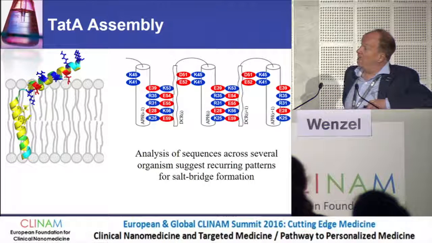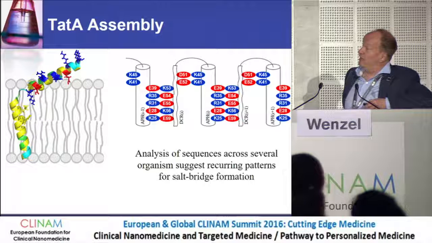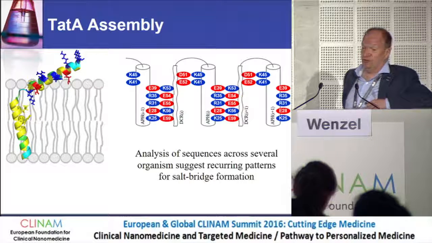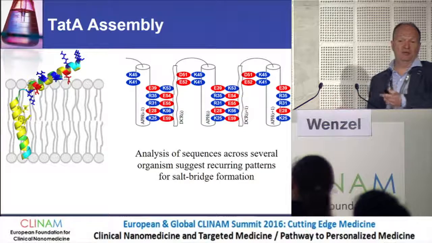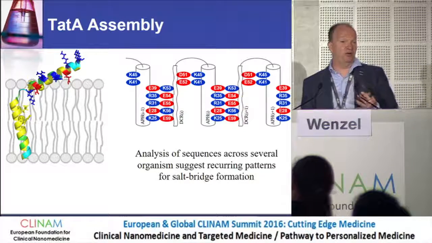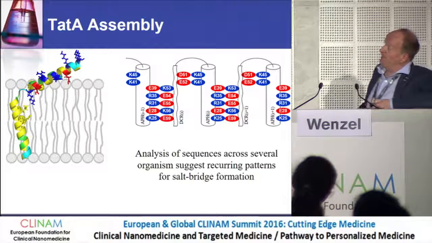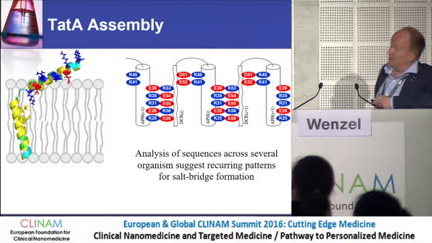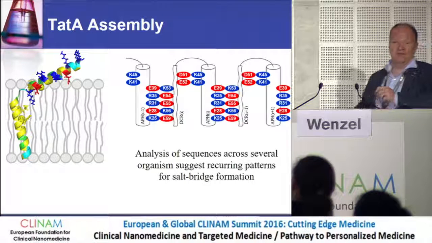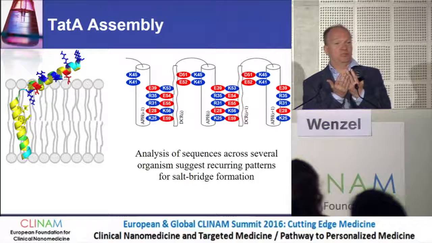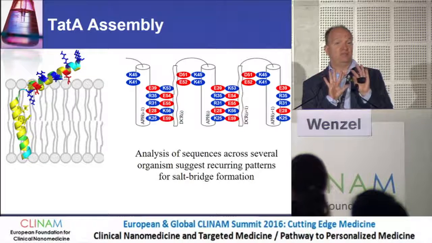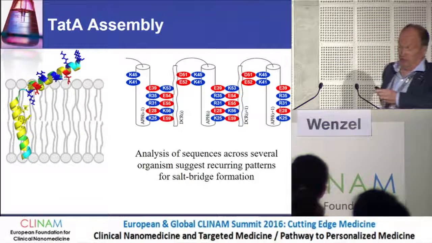And so this is, for instance, one pattern of how you can connect the salt bridges on one of the peptides to another one, right? And there are literally thousands of these patterns, and this is what the biologists had come up with: that connecting these salt bridges might lead to the formation of intermolecular contacts that may then lead to the formation of the pore.